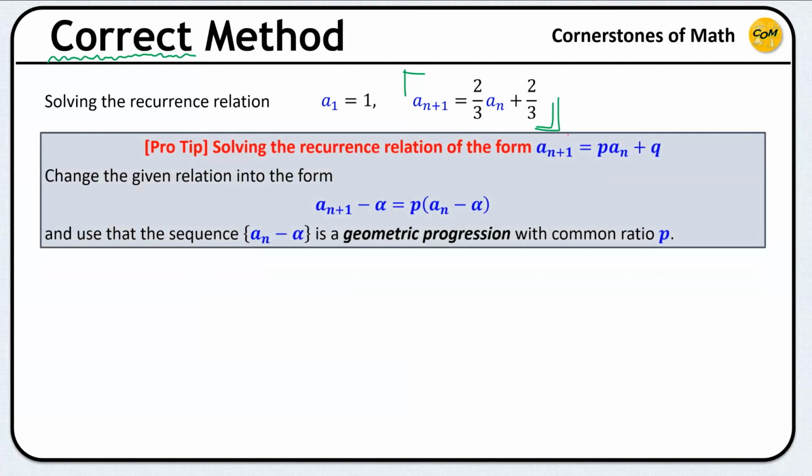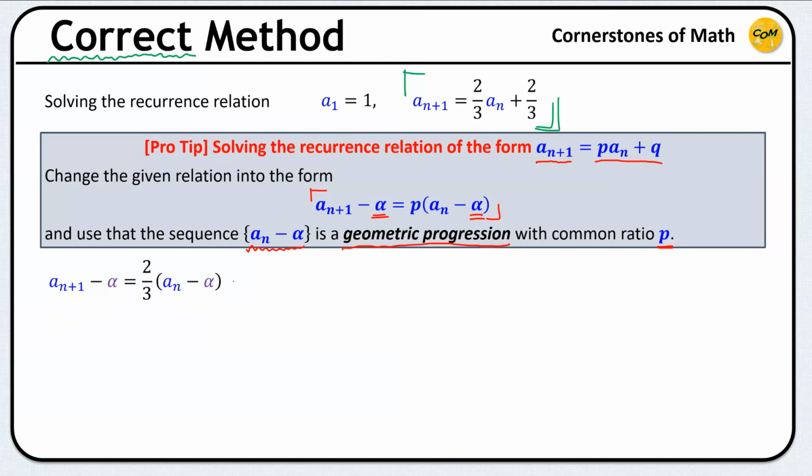The method to solve the recurrence relation of the form a_{n+1} equals p a_n plus q is, we change the given relation into the form a_{n+1} minus alpha equals p times (a_n minus alpha), and use that the sequence a_n minus alpha is a geometric progression with common ratio p.